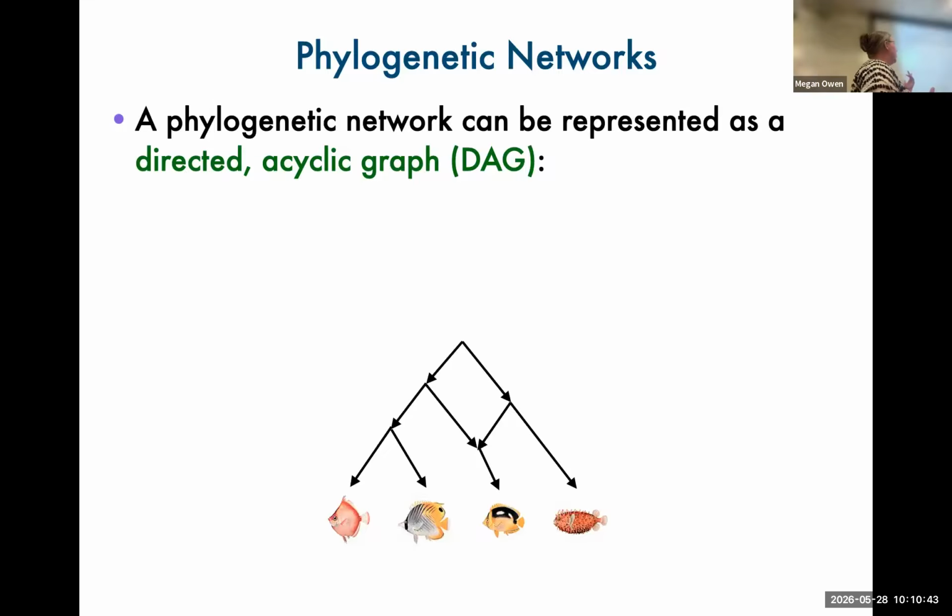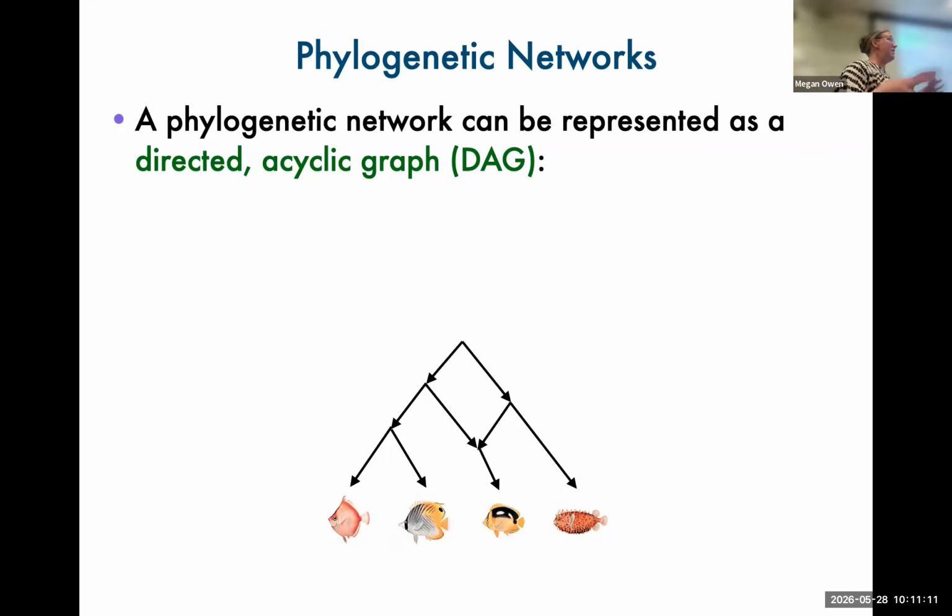So when they talk about humans having some Neanderthal DNA, that would be a sort of network edge in a tree, right? Or other hybrid species. In general, you can represent a phylogenetic network as a directed acyclic graph. You don't want cycles because that would be going back in time, and it's directed, again, with time going down.